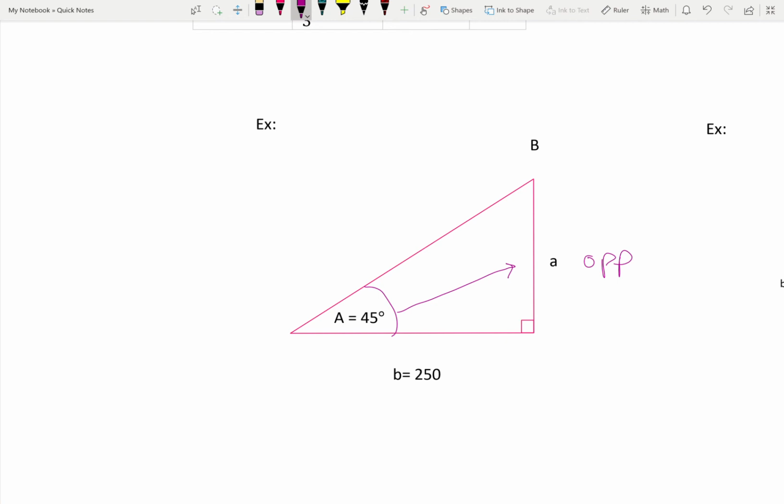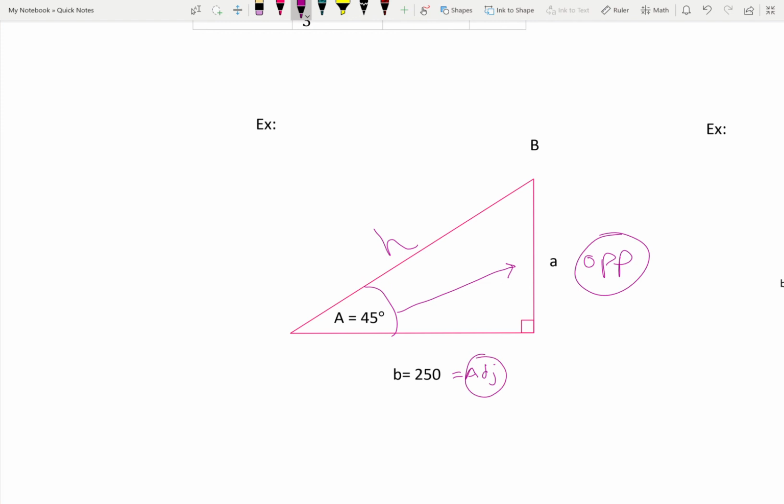This is the longest side of my triangle, so this will be the hypotenuse. And this guy is my adjacent side because he's next to my angle and not the hypotenuse. So what do they want me to solve? They want me to solve for the opposite side, but they've given me the adjacent side.